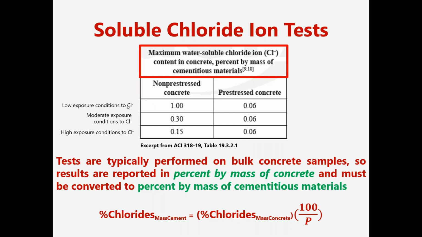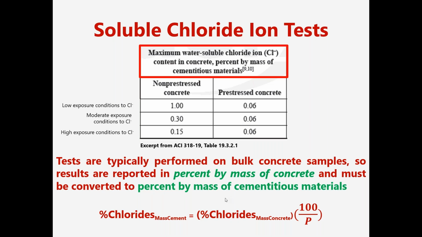So if you've got low exposure conditions to chlorides, exterior chlorides, you can have a higher concentration. If you've got high exposure to chlorides, then obviously you want to start out with a lower concentration. This is for non-pre-stressed. This is all pre-stressed over here. So pre-stressed concrete, you don't want to have any. You want to have very low chlorides in pre-stressed concrete.